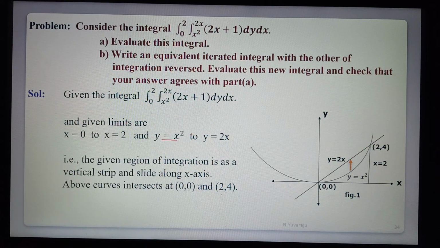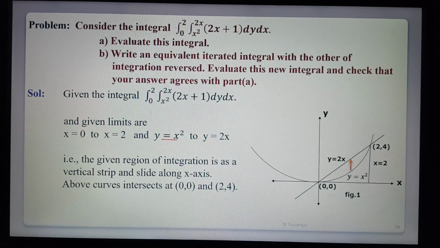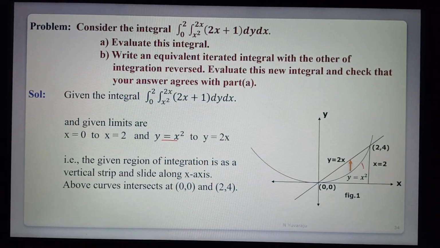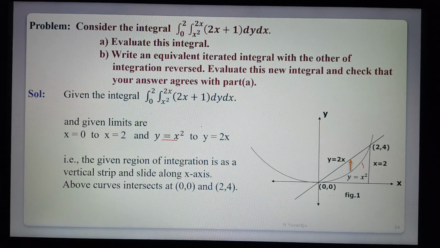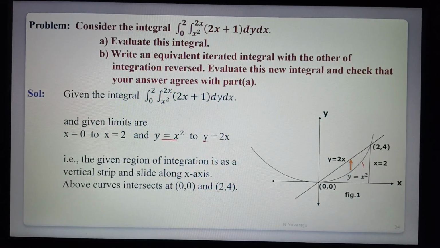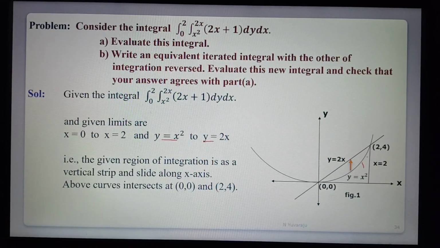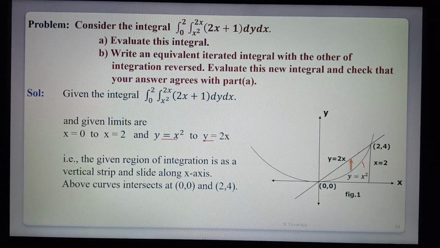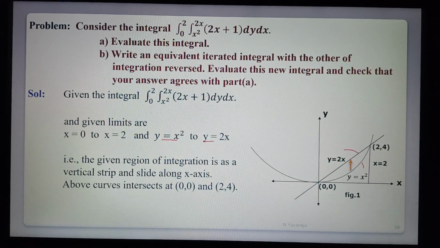See the graph. This is the directly given region of integration, no change first of all. The graph is y is equal to x squared, which is a parabola about the y-axis, and y is equal to 2x, a line passing through the origin.